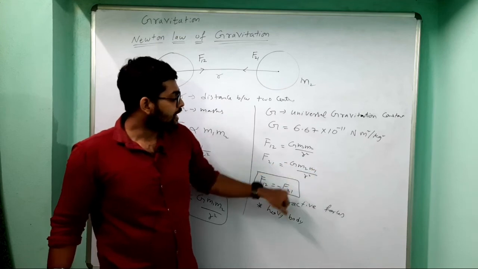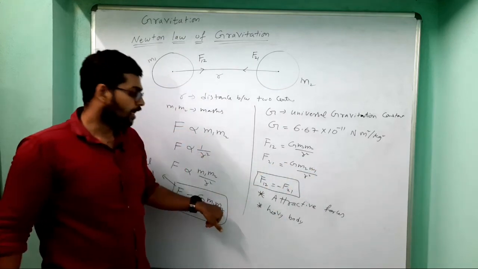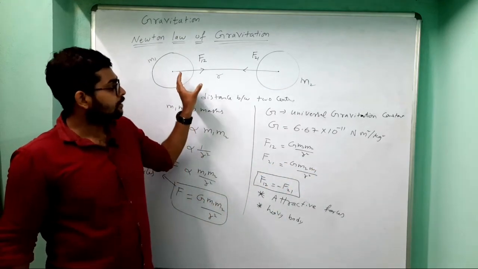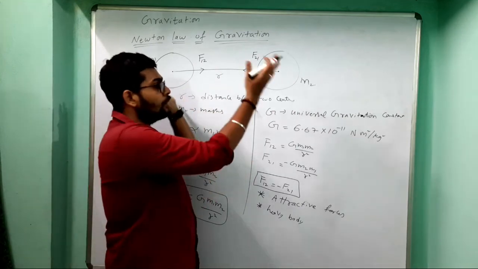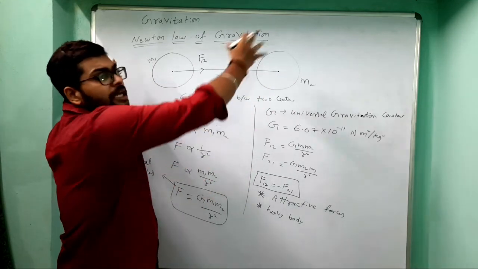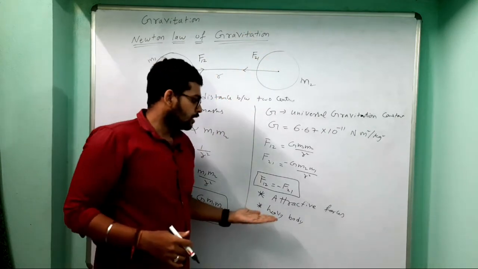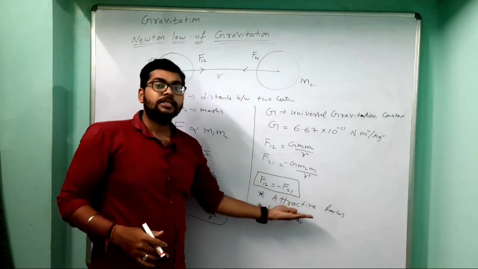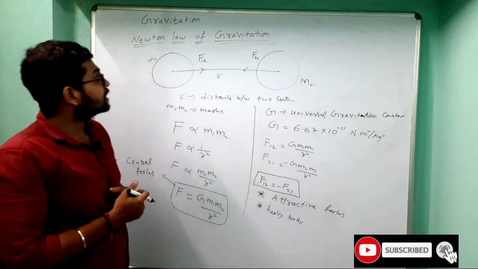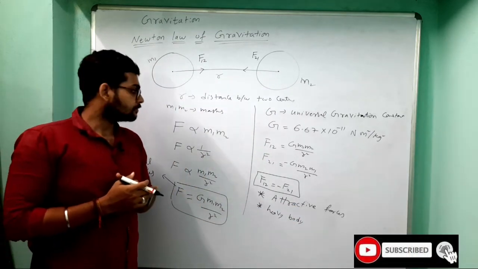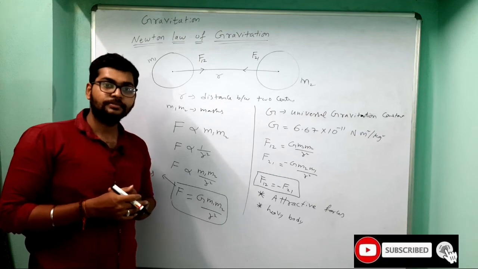So the masses should be very high. It is good for huge bodies which are away from each other, with more distance. So this is valid, and the forces are nothing but attractive forces. This is about gravitation. Thank you, that's it.